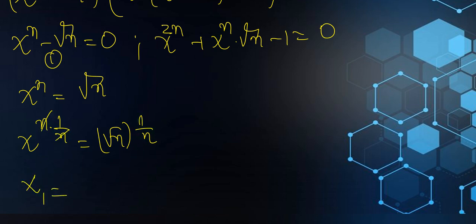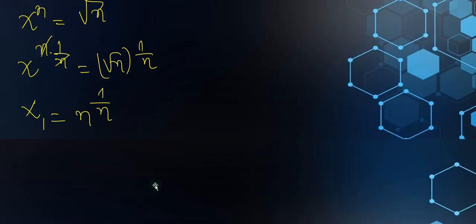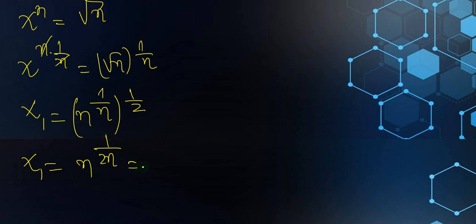Our x1 is then equal to square root of n to the power of 1 over n, which is n to the power of 1 over 2n, or we can say this is equal to the 2n-th root of n.